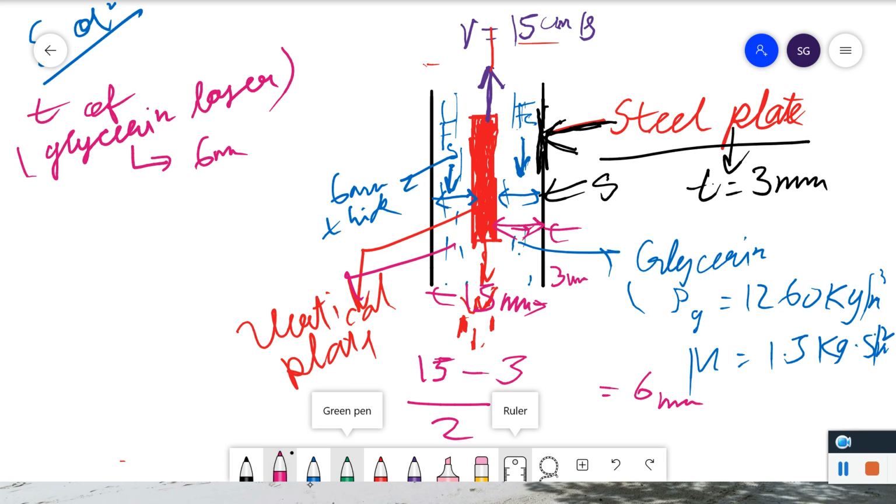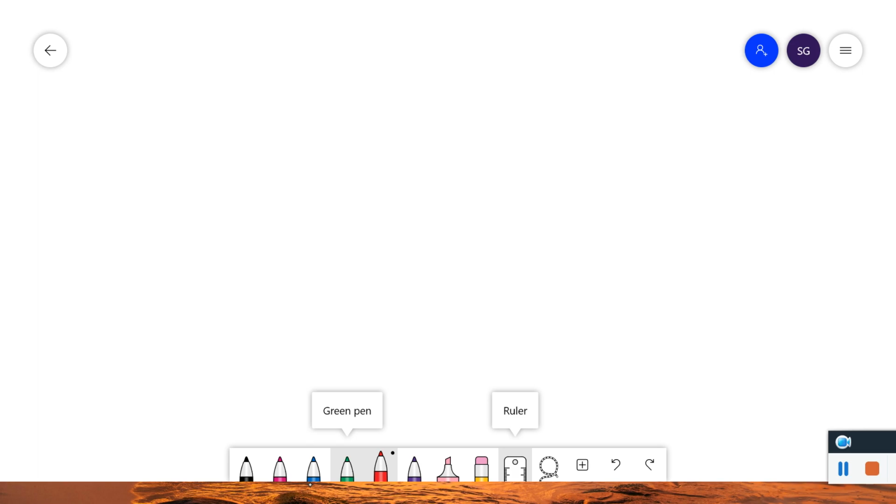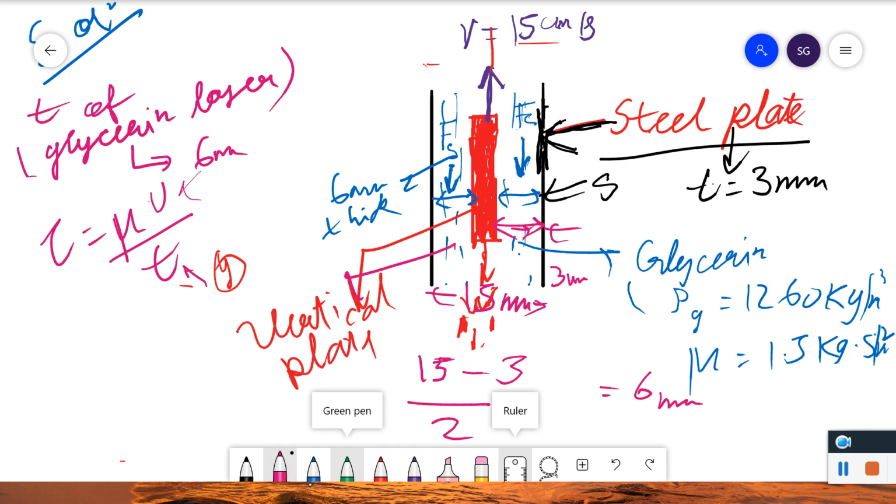We have the formula: tau is equal to mu du by dy, that is mu u by y. Here it is t, so I will write this as t. Since everything is constant, y is replaced by t, and u is the velocity, so I have not put any du sign.